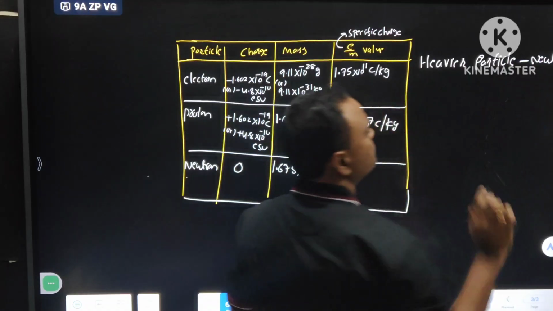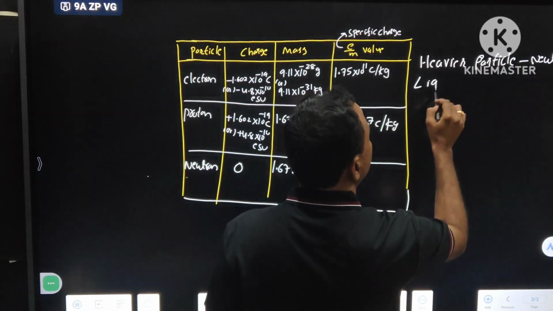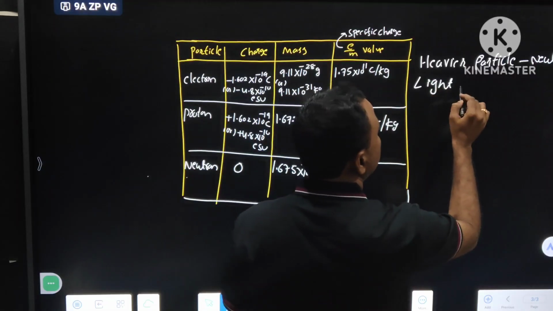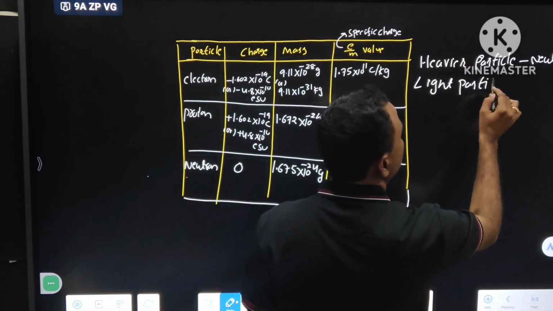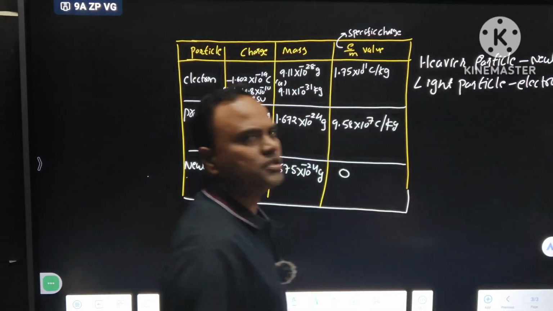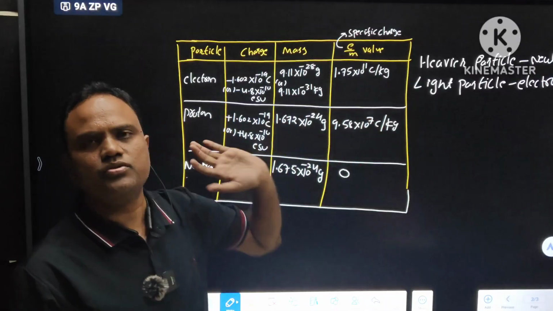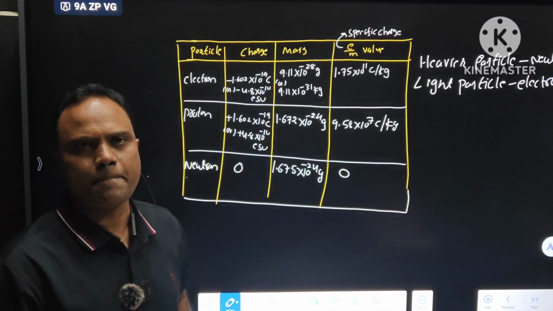This is very, very important information. And the lighter fundamental particle, which has less mass, is the electron. Specific charge values are also very, very important.